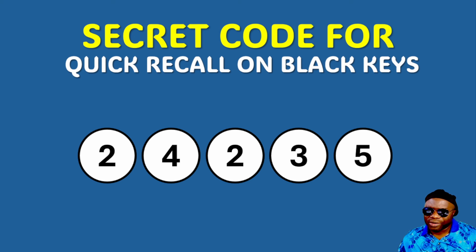On the key of C sharp or D flat, the number of white notes that you have, 2. Get it? So that's what this means. It's kind of reversed. So you have 2 white notes on the key of C sharp. You have 4 white notes on the key of E flat.